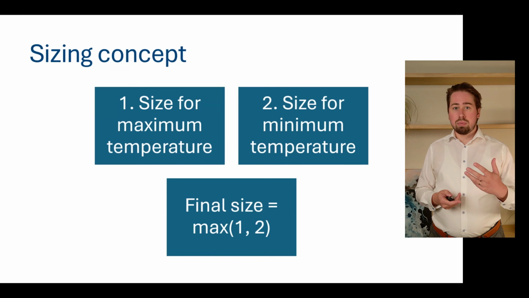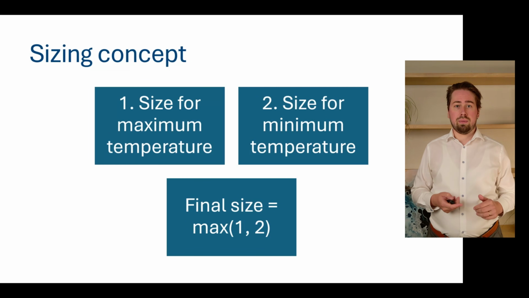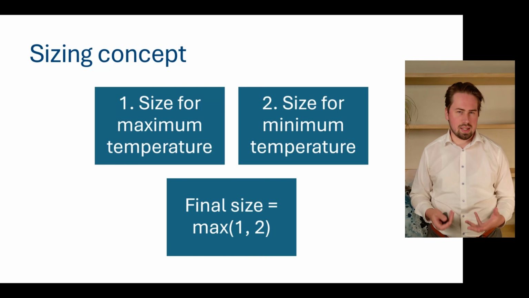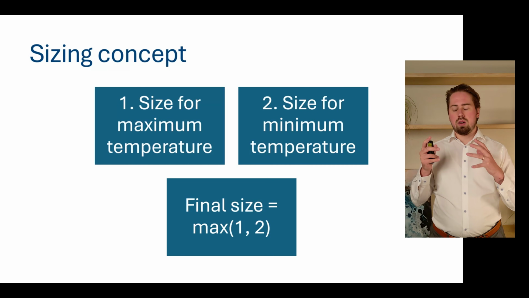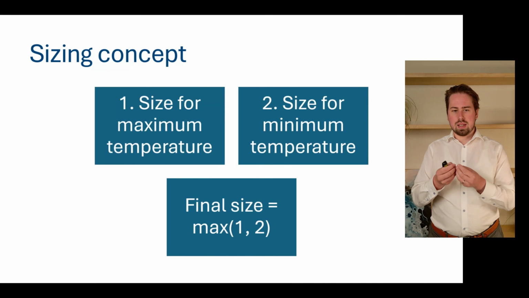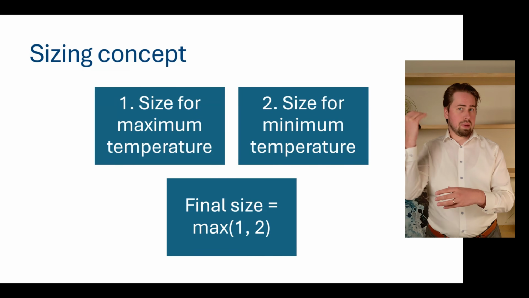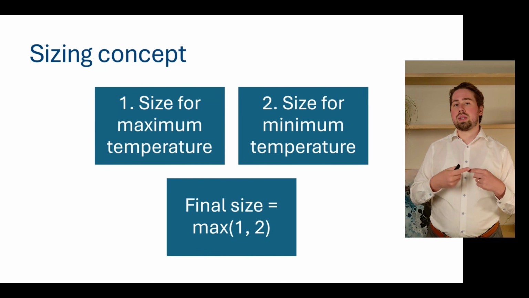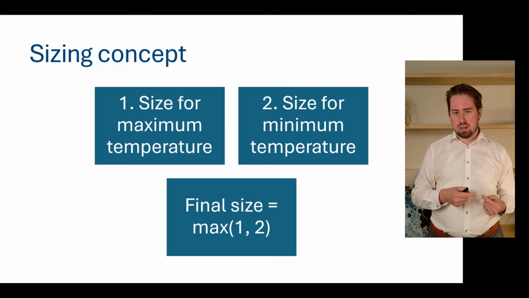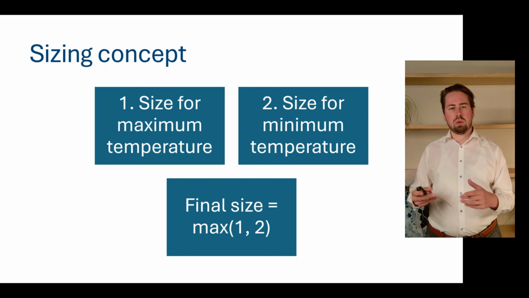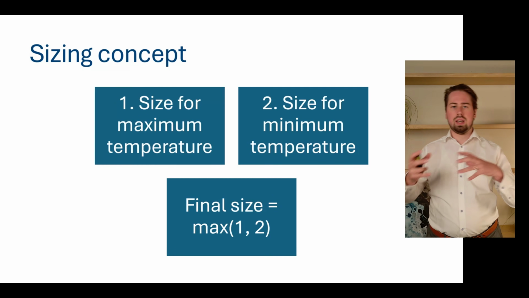When we're going up from level 2 to 4, basically we're actually sizing. And what this sizing means is we will first always size our bore fields for the maximum temperature limit, and we will also size it for the minimum temperature limit. And then in the end, our final size will be the maximum of this first and this second.